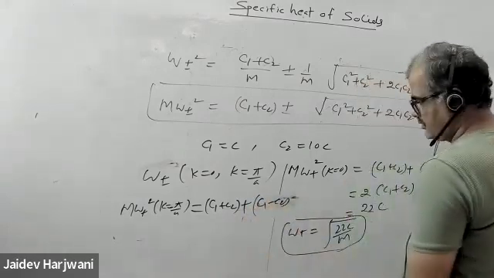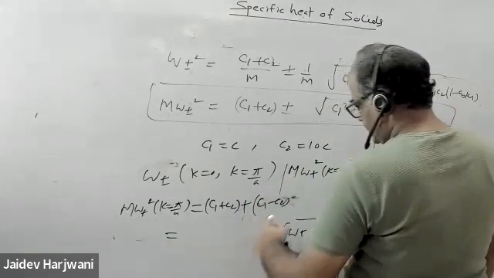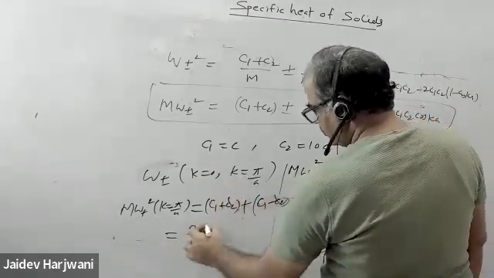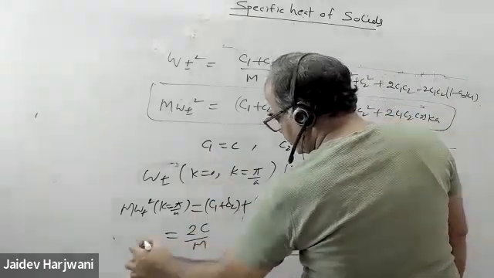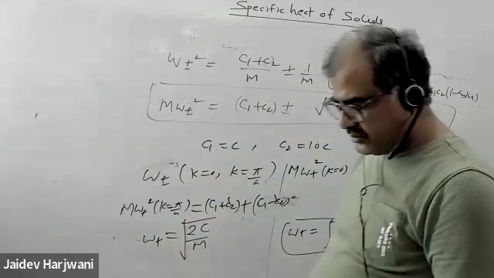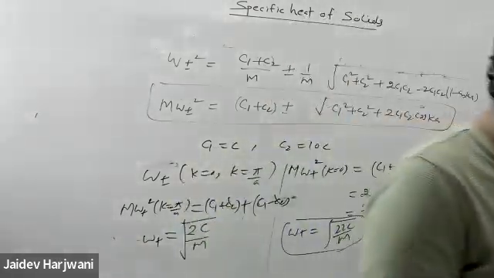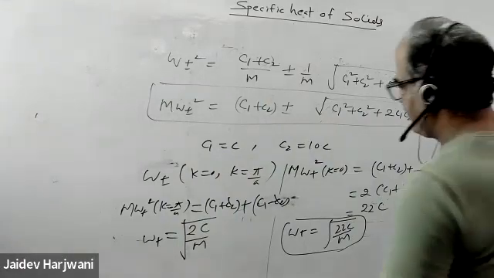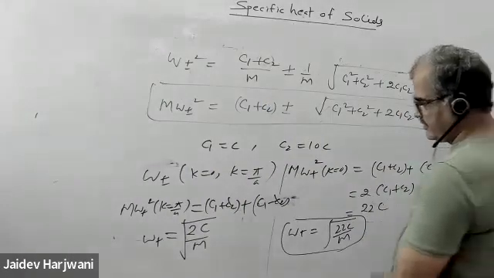Okay, so if you solve this one, C2 cancels, you get 2 C1. 2 C1 is 2C. So 2C upon m. So omega plus is 2C by m at k equal to plus minus pi by a. Or k equal to pi a or plus minus pi by a, whatever you want.